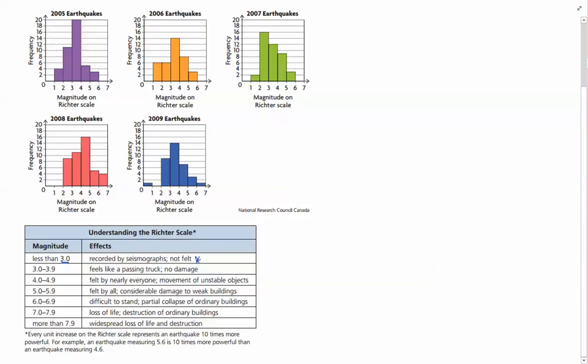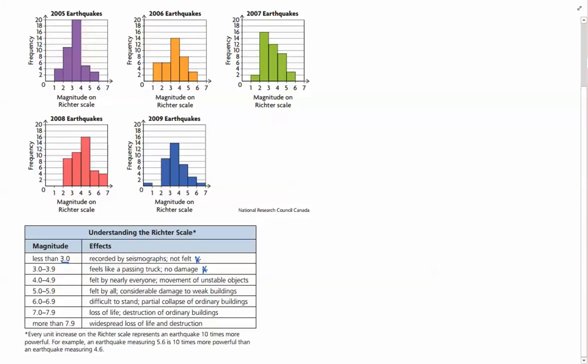From 3 to 3.9, and notice again we have those intervals and there's no overlap, there's no damage, and it just feels like a passing truck. And if you're in a vehicle, you won't even feel it because you're driving and you already have motion. From 4 to 4.9, it's felt by people and unstable objects will move. So you might have something that's not attached on the table, and it might move around.